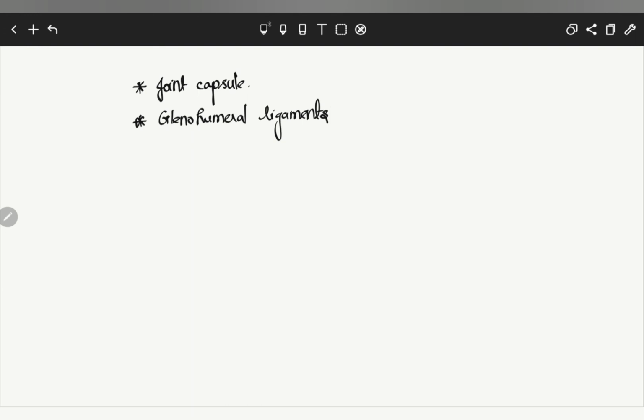Of course, there are three, namely the superior, middle, and inferior glenohumeral ligaments. The next is the transverse ligament of humerus, and then the coracohumeral ligament.